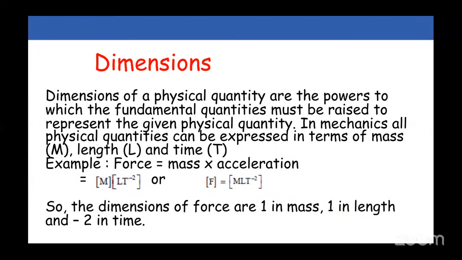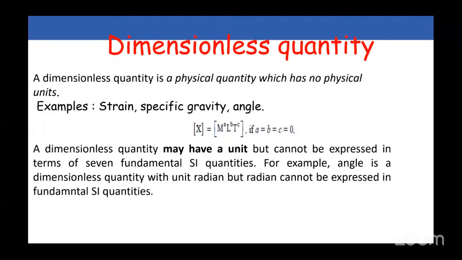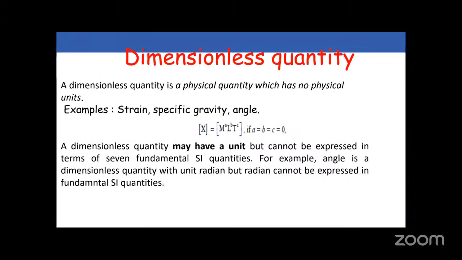Dimensionless quantity. A dimensionless quantity is a physical quantity which has no physical units. If we represent a dimensionless quantity using a dimensional formula, with that in mind that it has no physical unit, we'll have it represented as M raised to 0, L raised to 0, T raised to 0.